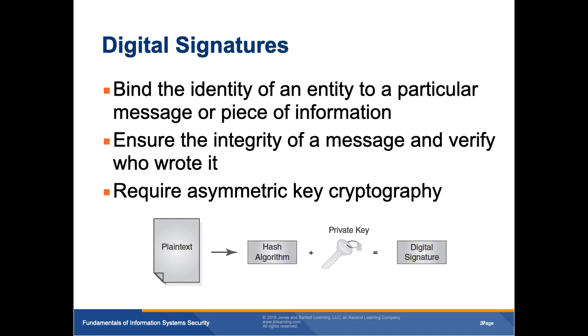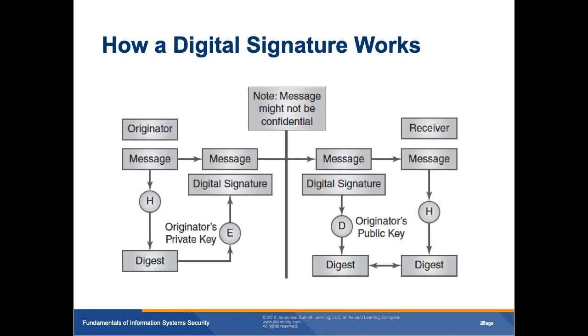You encrypt that with your private key, and so then the receiver can decrypt that message because only you have your private key, and so then they check that hash against the message and they know that you sent the message. And this is how the signature works, right?